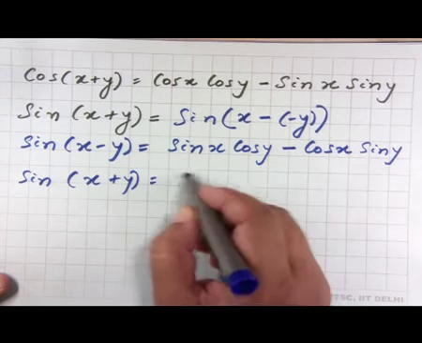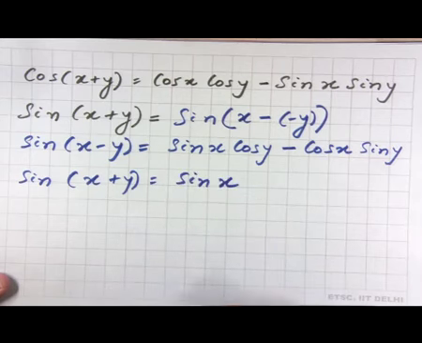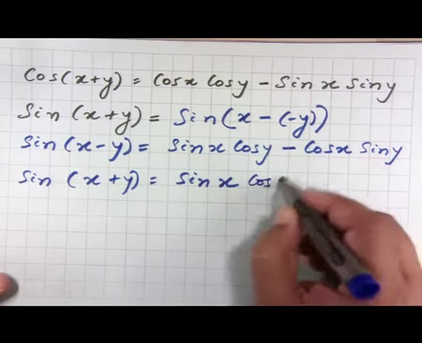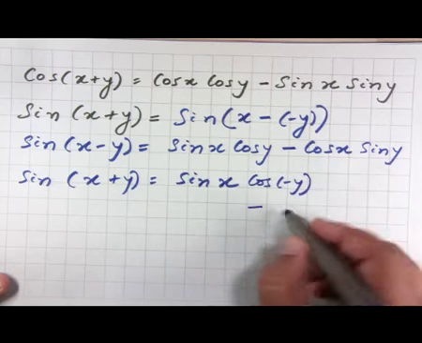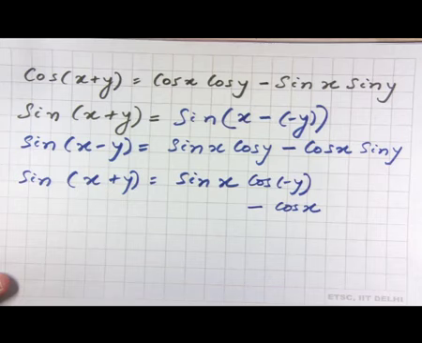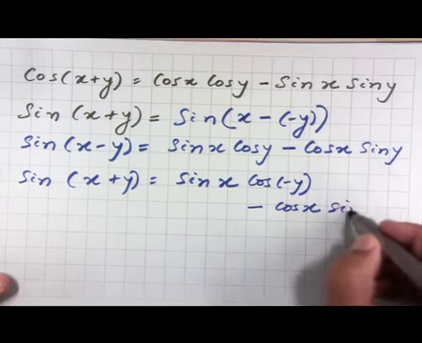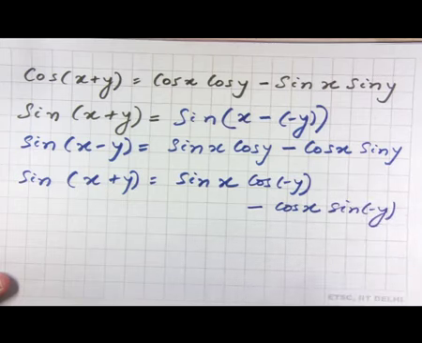equal to sin x cos of minus y minus cos x sine of minus y. Now, we know that cosine is an even function and sine is an odd function.